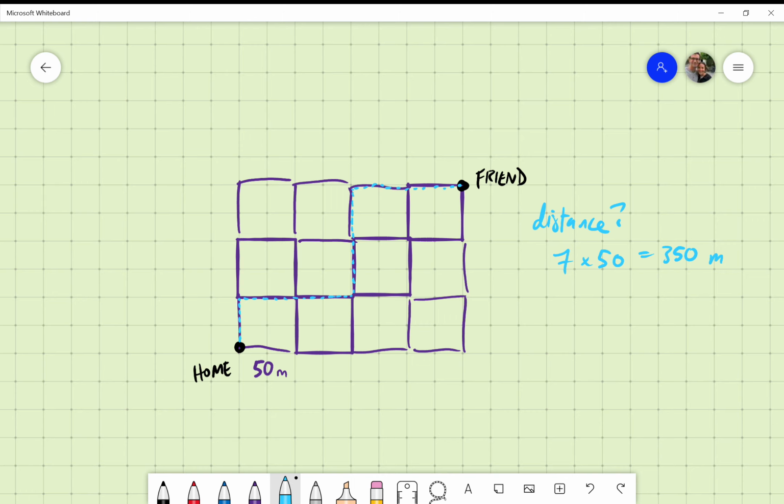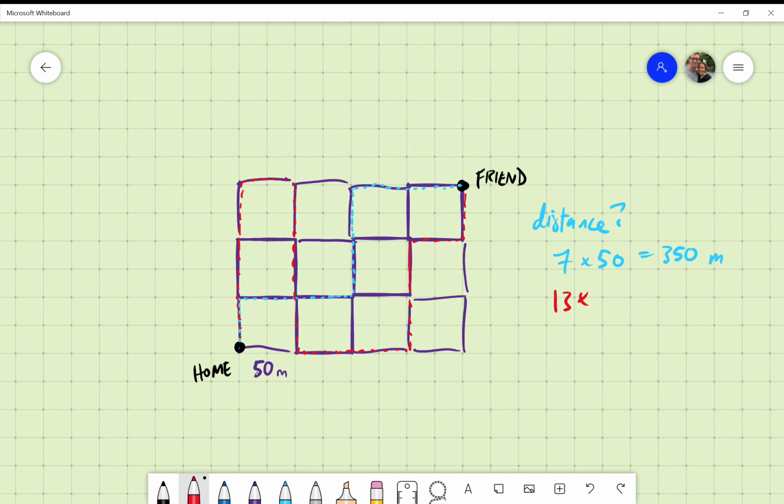That could have ended up being more. If you had looped around, what if you did something like this? You might have gone up, across, and then down, and maybe this way. That would have got you there. In that case, let's see, 1, 2, 3, 4, 5, 6, 7, 8, 9, 10, 11, 12, 13.